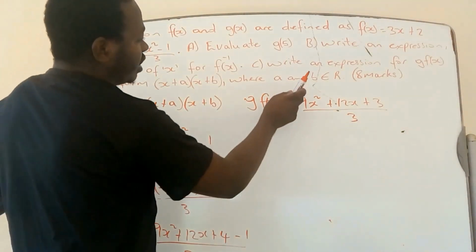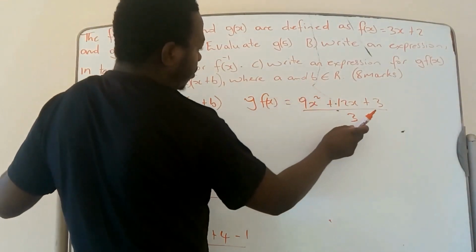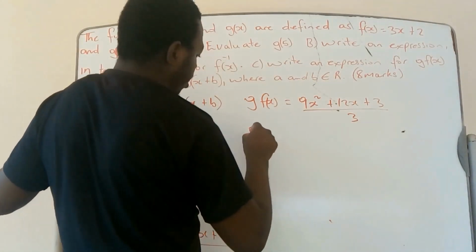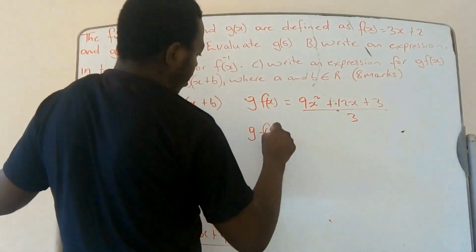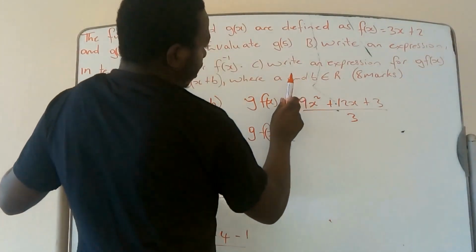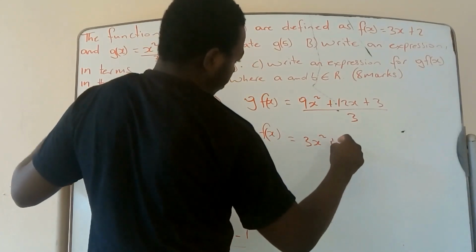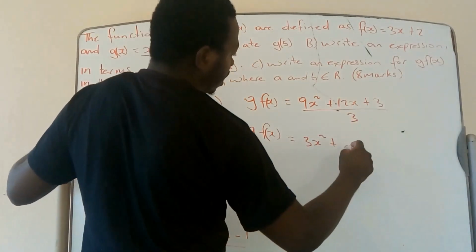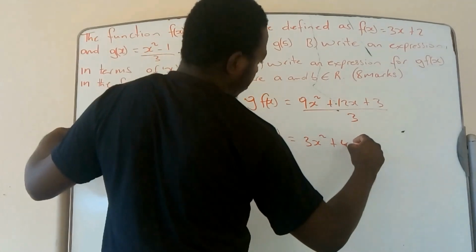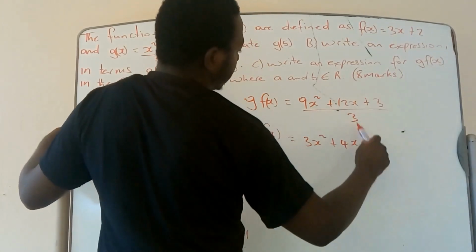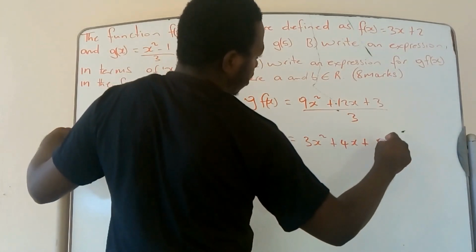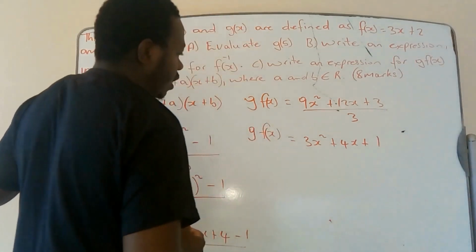Here, if we divide each term in the numerator by 3, we get g of f of x is equal to 9 divided by 3, that's just 3x squared, plus 12 divided by 3, that's just 4x, and 3 divided by 3, that's just 1, right?